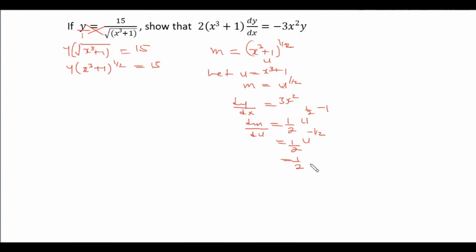Bring this one down, and you know u is x cubed plus 1, so the power becomes positive. This is what we have.